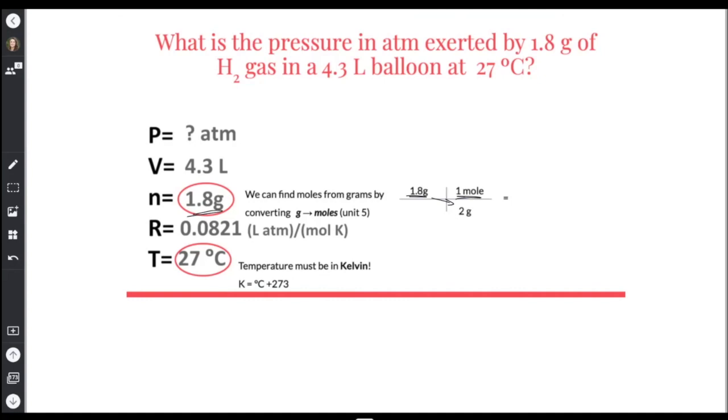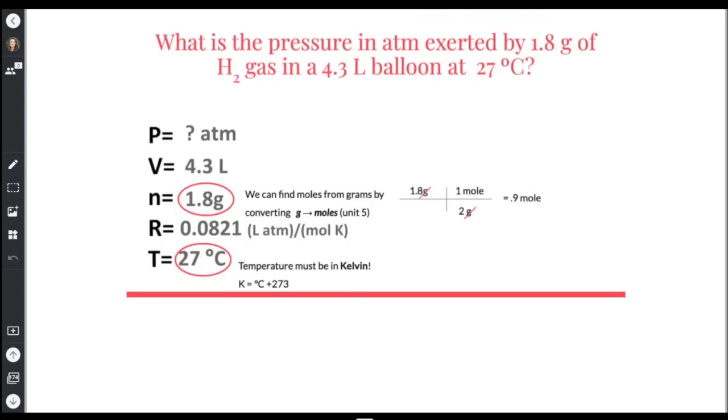Where did I get 2 from? Well, it's 1.8 grams of H2. Hydrogen weighs 1, and there's 2 of them, so 2 grams. So we'll have our periodic table. And so then you get 0.9 moles for your n, and temperature is 300.